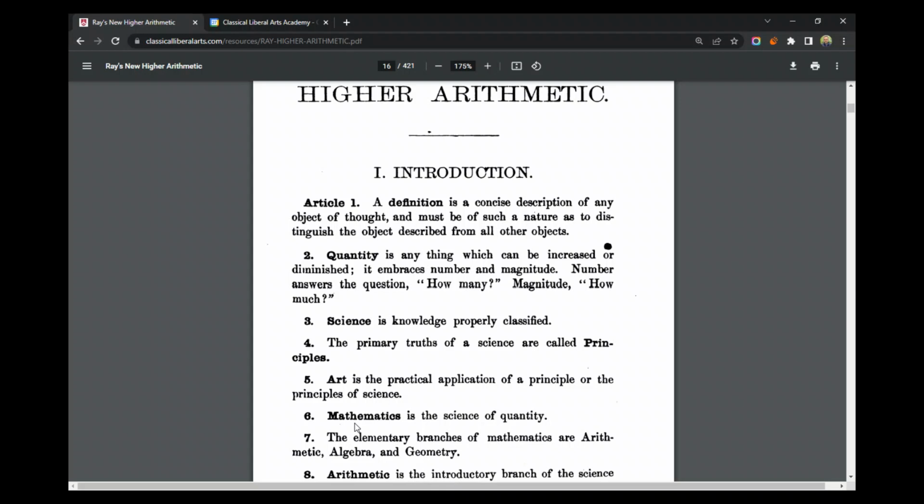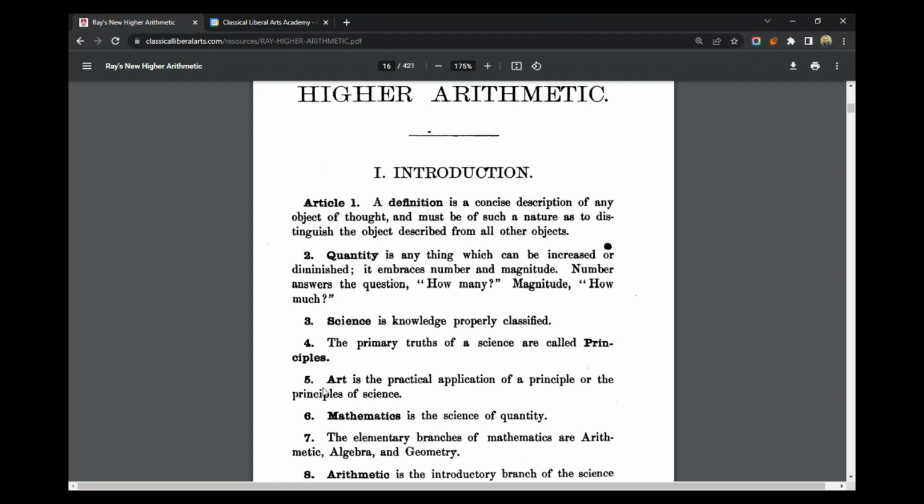The primary truths of a science are called principles. This is Article 4. The word principle means a starting point or a beginning. The truths that we start with in any science are called the principles of that science. Article 5.